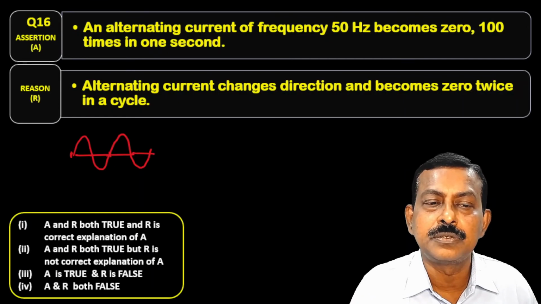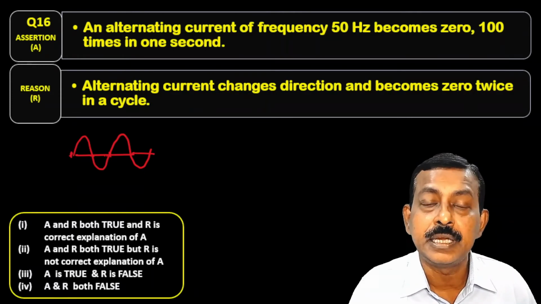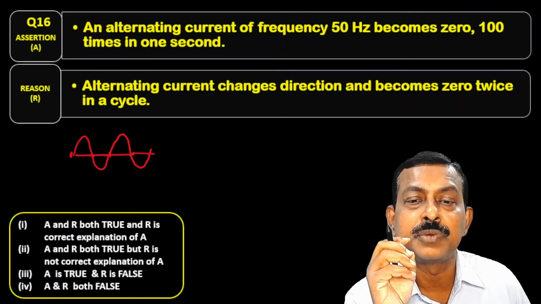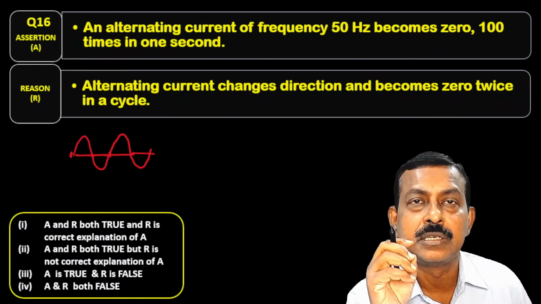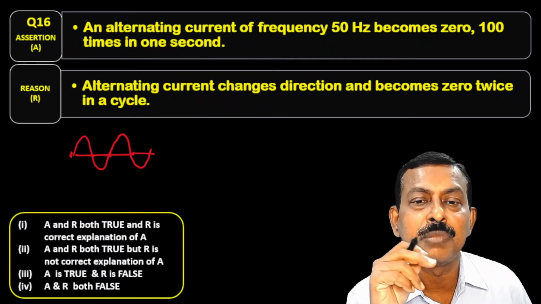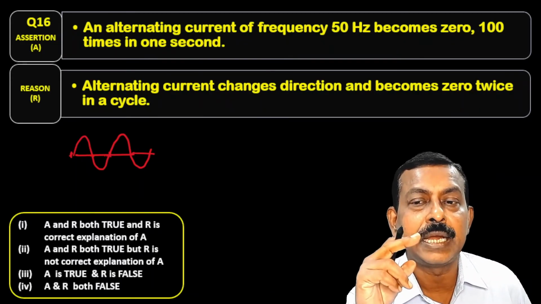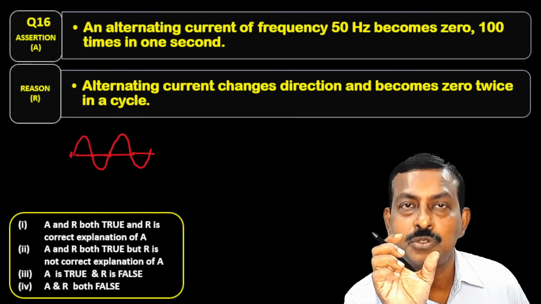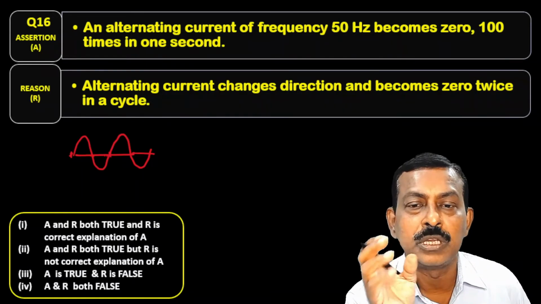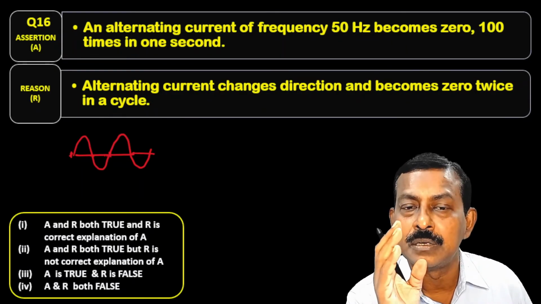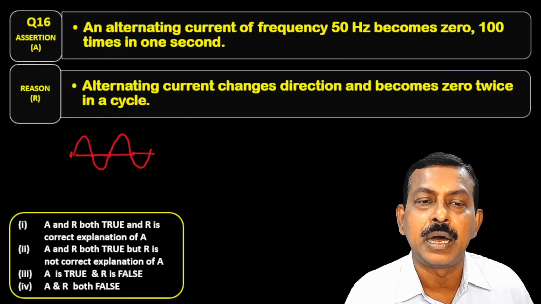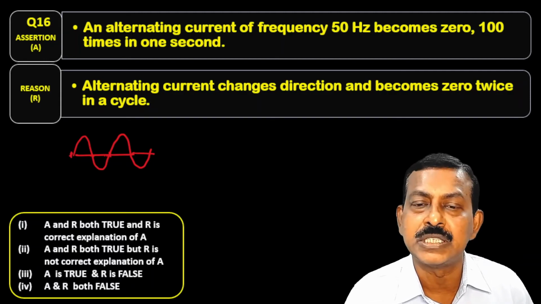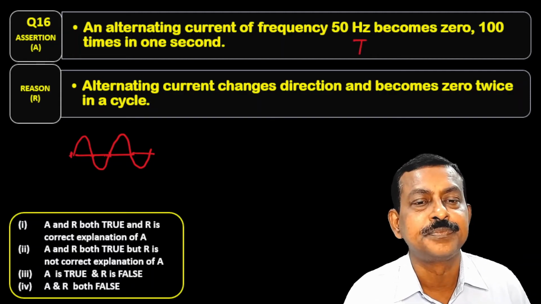Here it is 0, this is also 0, and then the next cycle starts. If the frequency is 50 Hertz, the time period will be 1 by 50. In each cycle it becomes 0 twice, so with a frequency of 50 Hertz it will become 0 100 times in 1 second. That means this is true.